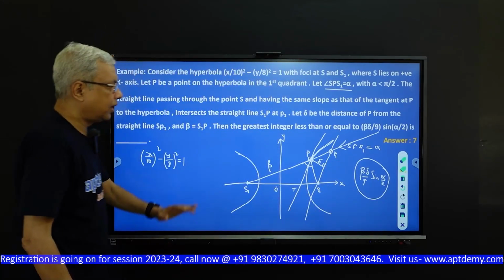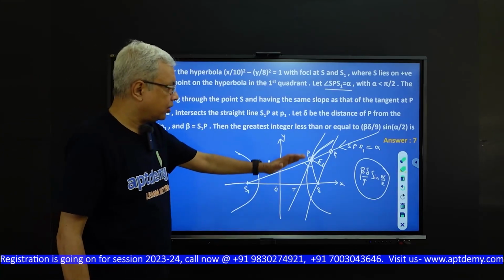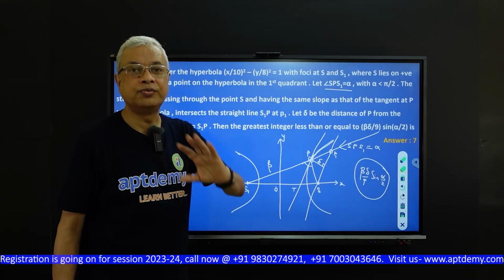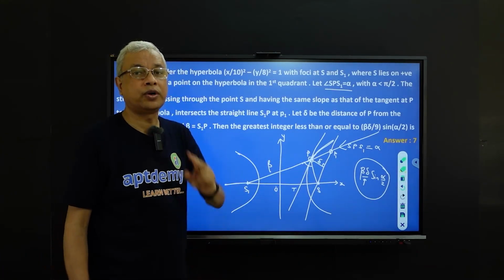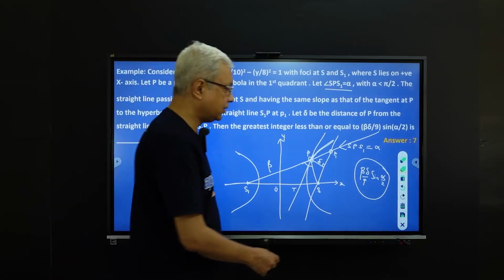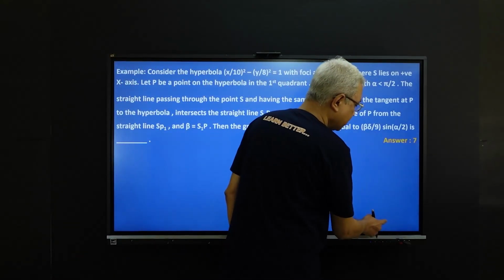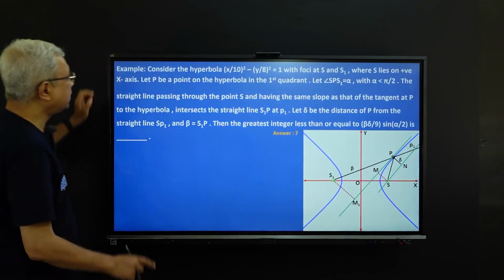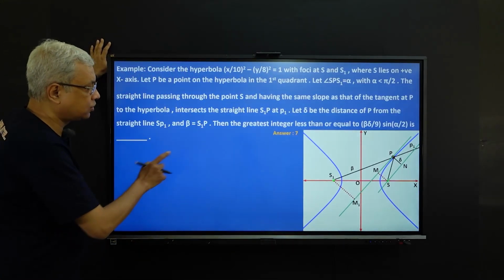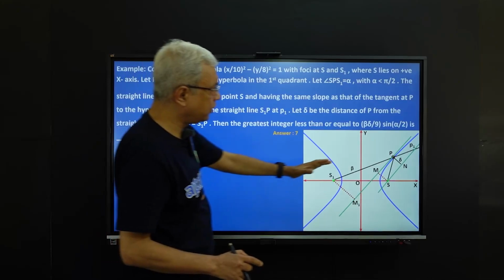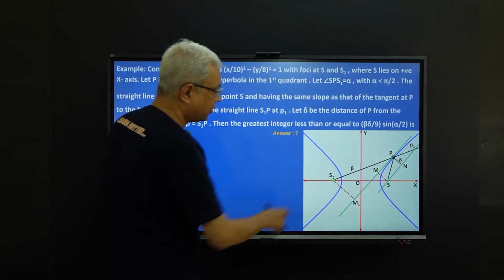As a precursor, as background knowledge, we will first discuss two important properties of hyperbola, and then we will attempt this problem. Before that, see this diagram once again.